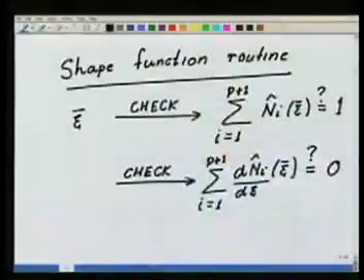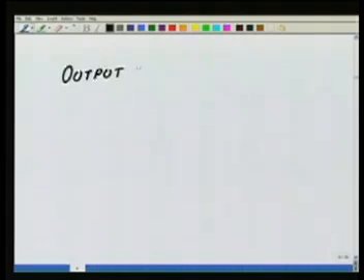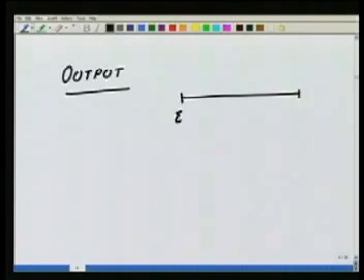One should also take this program and output at suitably located points in this interval.